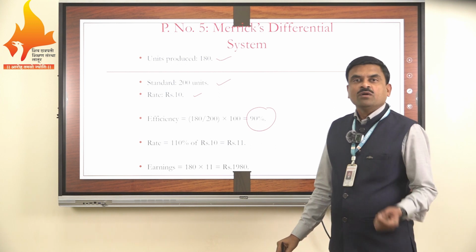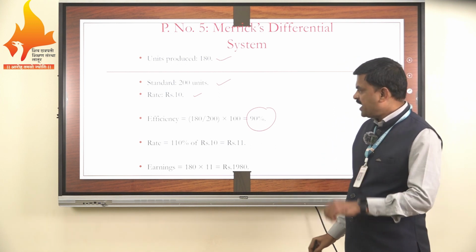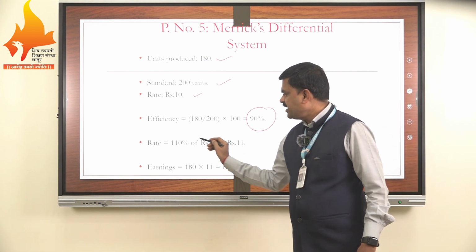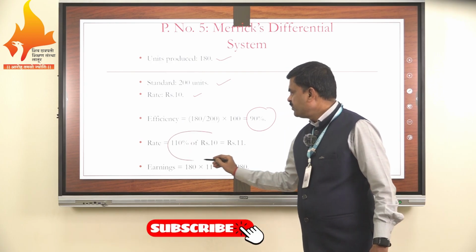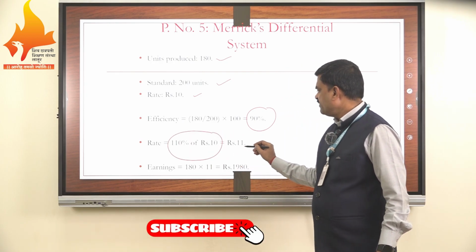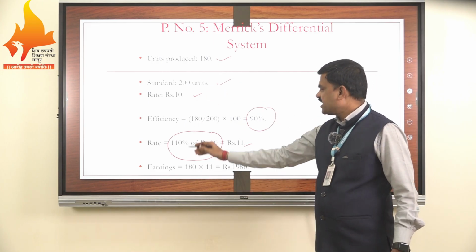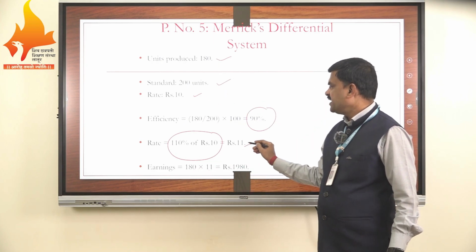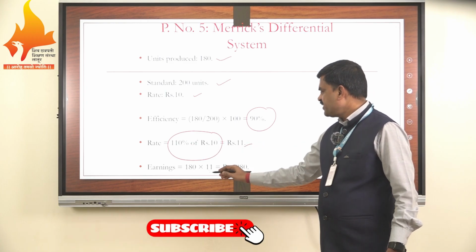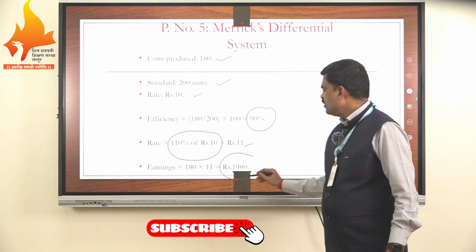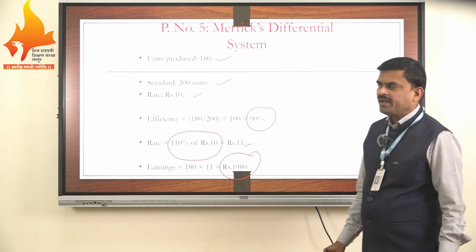It means he is between 83% and 100%, so he will get 110% of the piece rate, that is, instead of ₹10 he will get ₹11. Earning will be 180, his actual output, into ₹11, the rate at 110%, and the remuneration will be ₹1980.